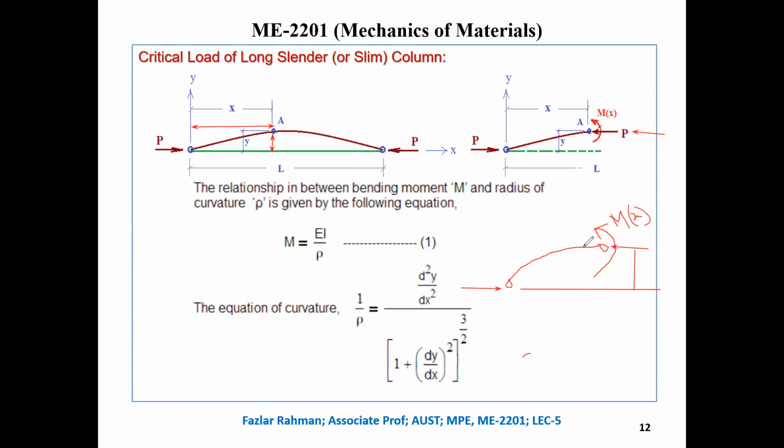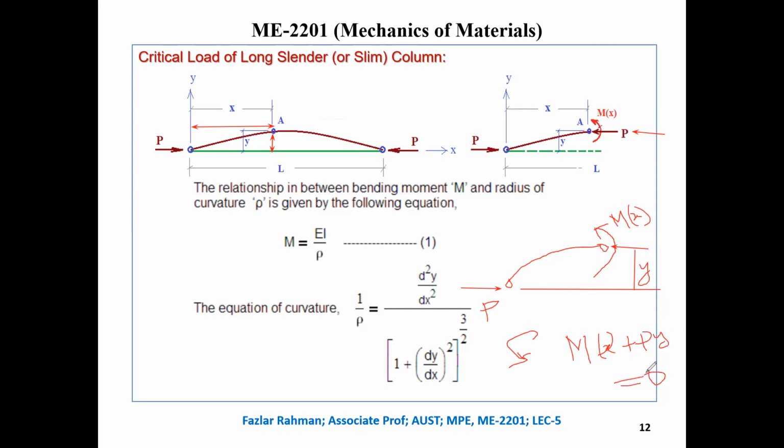Now, how will you figure it out? If you take moment about this point, then what will you get? There will be no moment for this force, right? You will have moment for this force, that means P, and for this distance. So if you think anti-clockwise is positive, then you will get Mx plus P into y equal to 0.